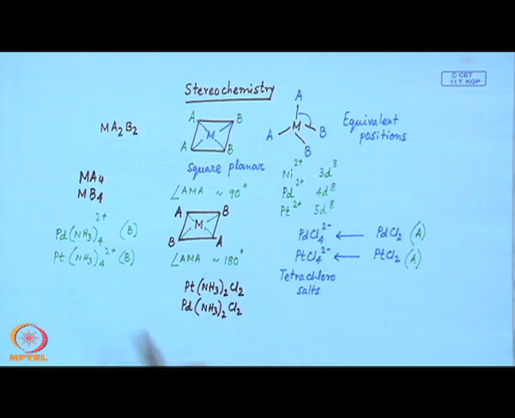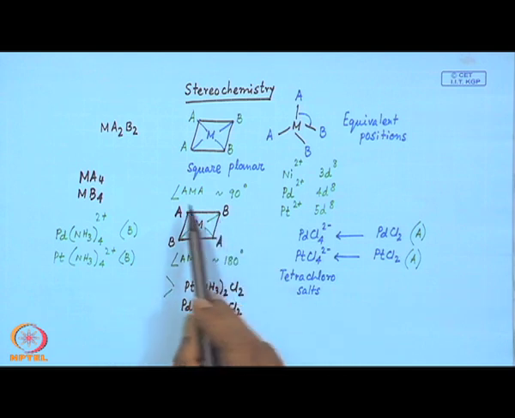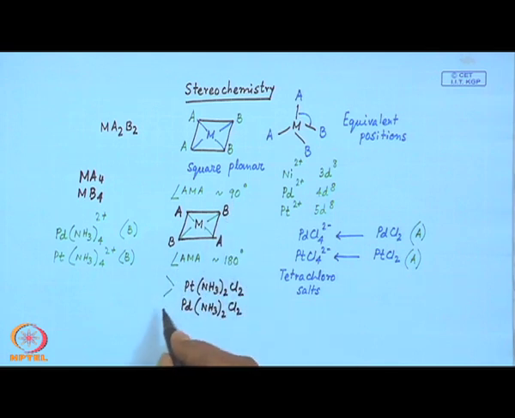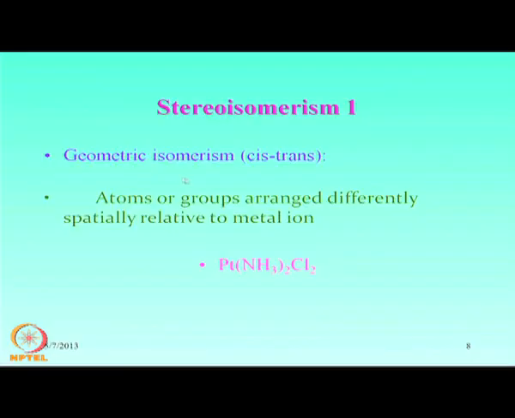So, these are all MA2B2 type compounds, and therefore we can have two different types of isomeric forms, where the same type of ligands form a 90-degree angle, and in another case the same type of ligands form a 180-degree angle. So, we can have two different types of isomers, which are known as geometric isomers.